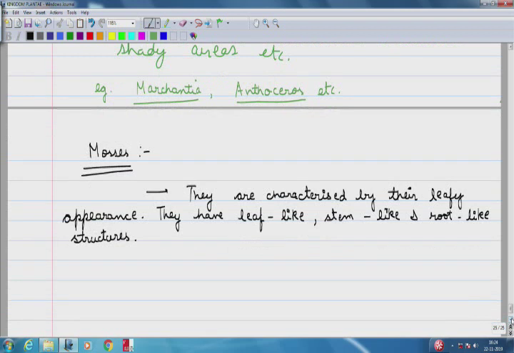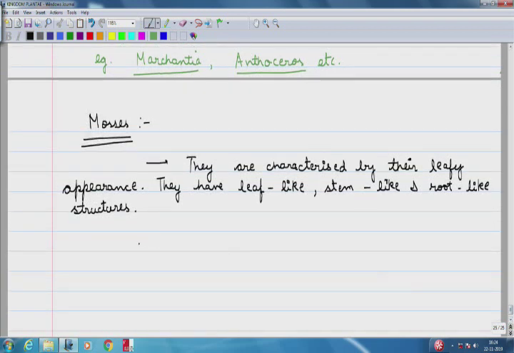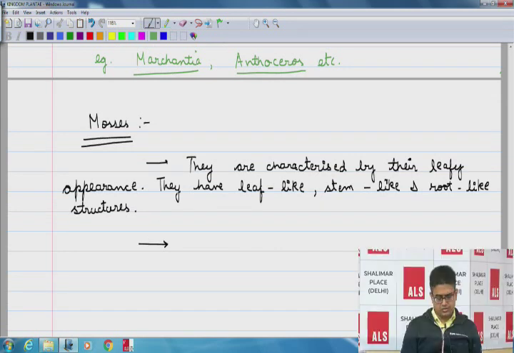Mosses are also called musci, but that is for another time. There are a few advanced bryophytes as well.